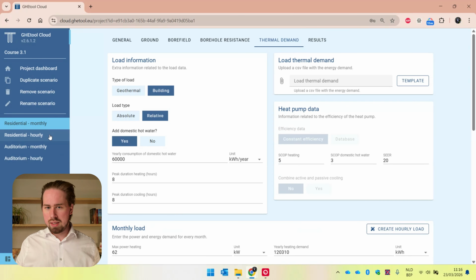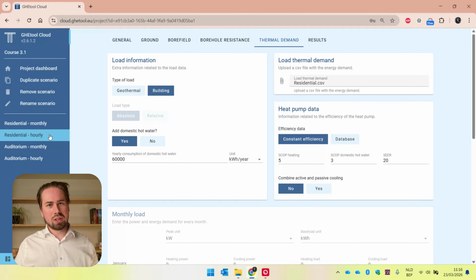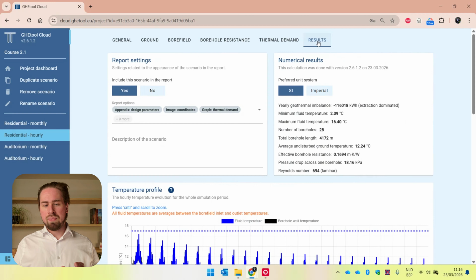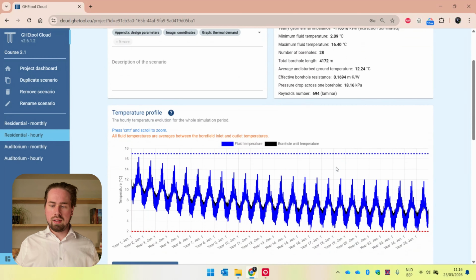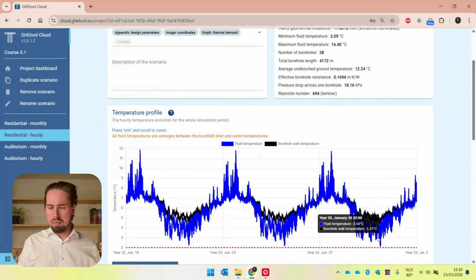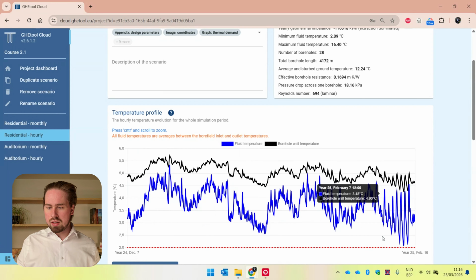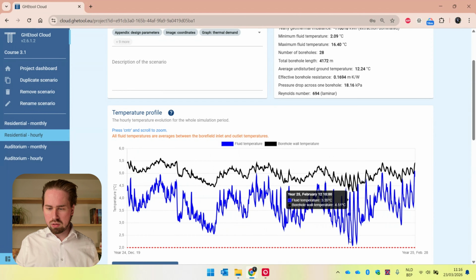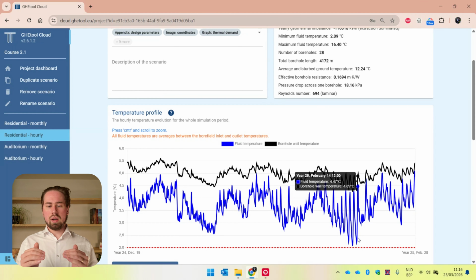Now, the problem is that you do not know in advance what the correct peak duration is, because now we could say, okay, we have here our hourly load profile, and if we zoom in, for example, in this last year at this minimum limit, you see here that there are almost 4 days, 3-4 days, where we meet this temperature minimum limit.